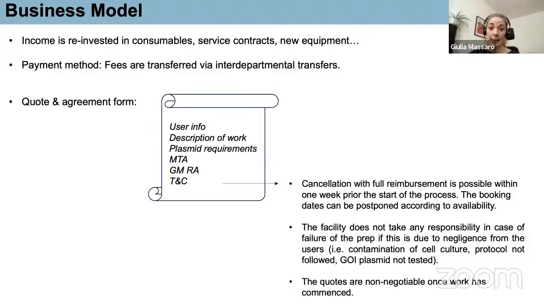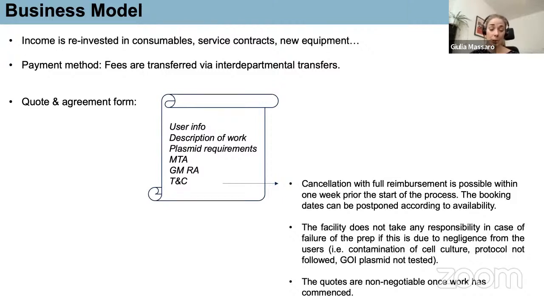Then I make sure they have an MTA in place for the use of these plasmids or vectors. We all know this is quite a crucial aspect of what we do. And if they don't, I help them sort this out. I tell them where they can buy, for example, the plasmids, and sort out this agreement before starting the work.